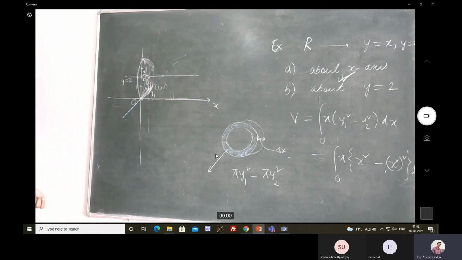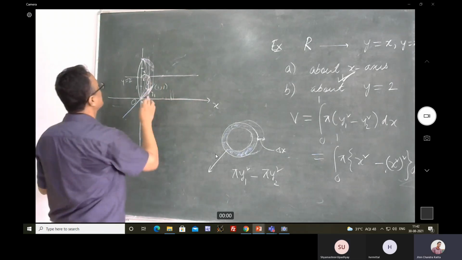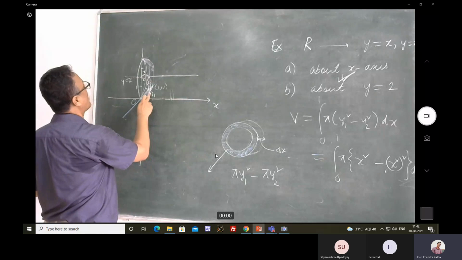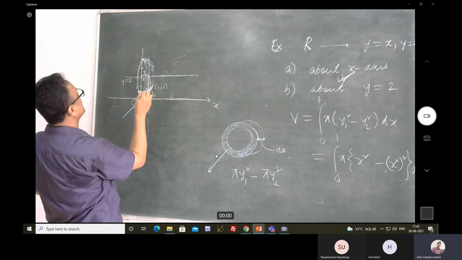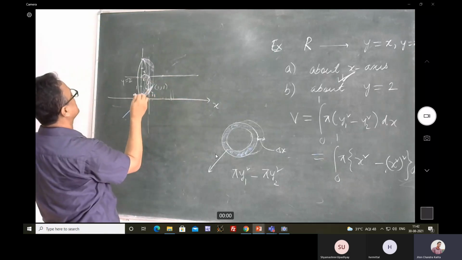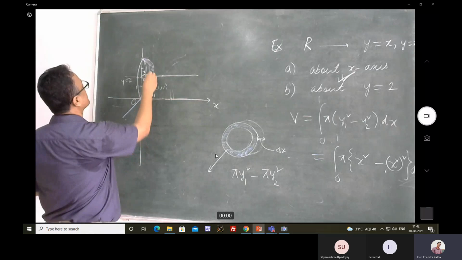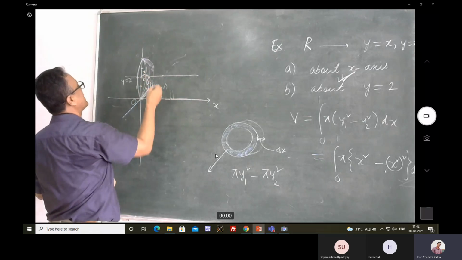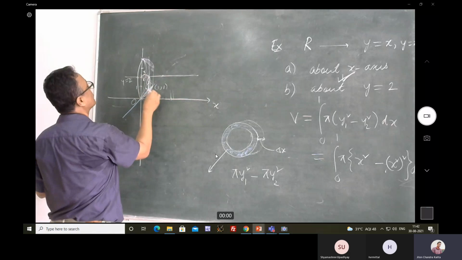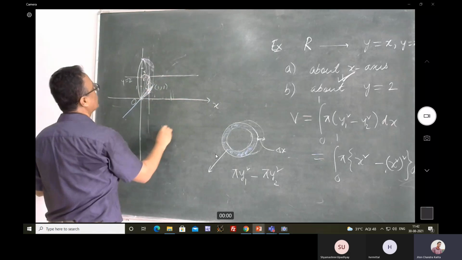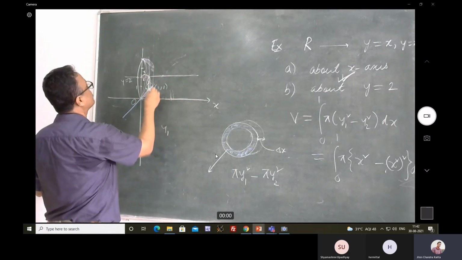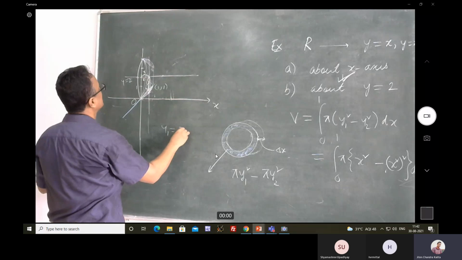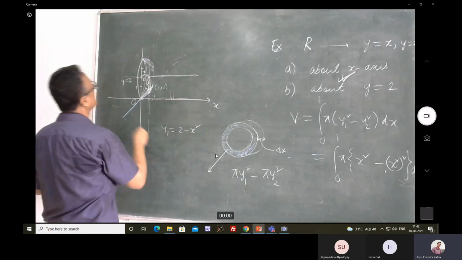Is it okay? If you consider y1, this length, y1 is going to be 2 minus x squared, right?